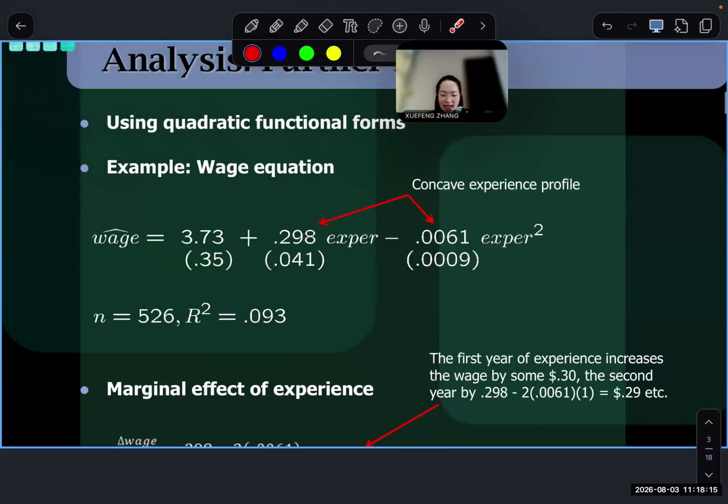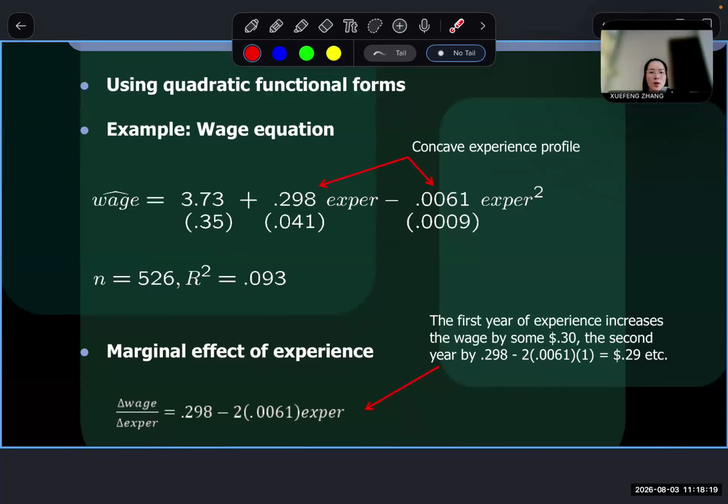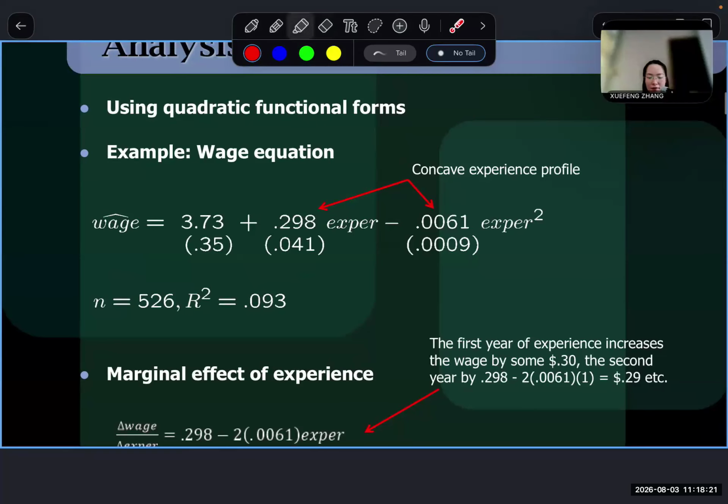Let's look at this example. Here we have quadratic functional forms. The example is the wage equation. We use this when the effect of x is not constant, meaning it changes as x gets bigger. I'll show you later.